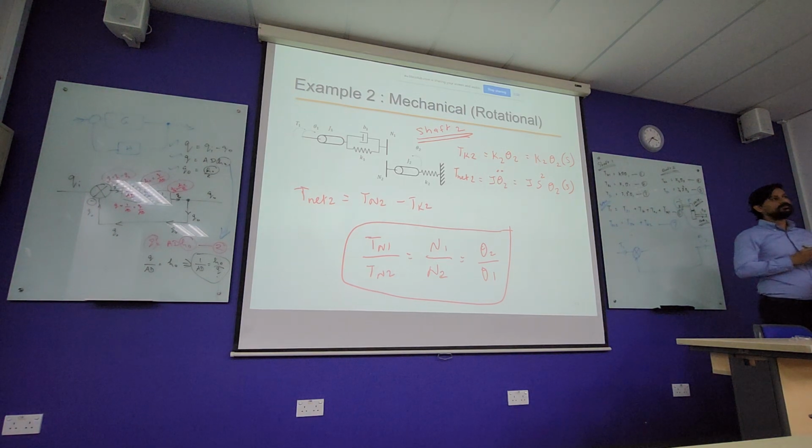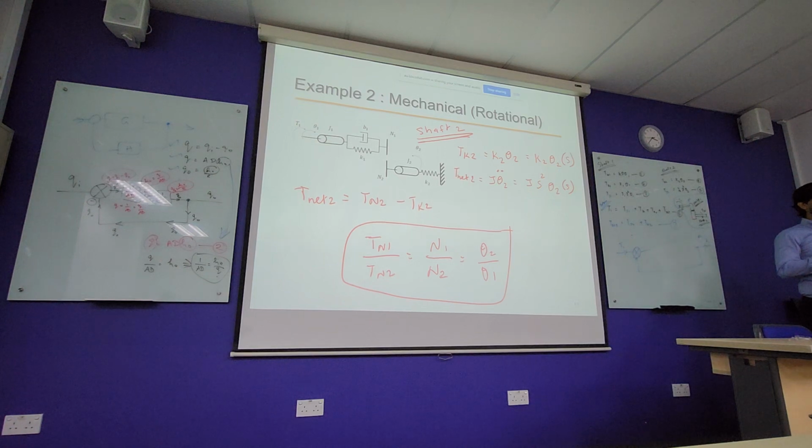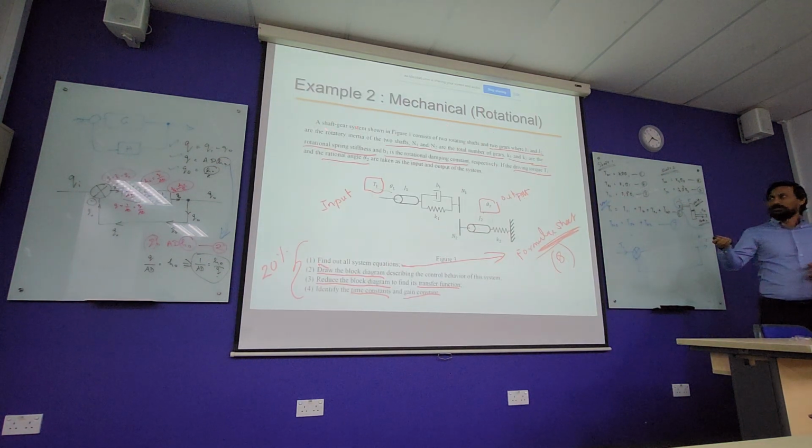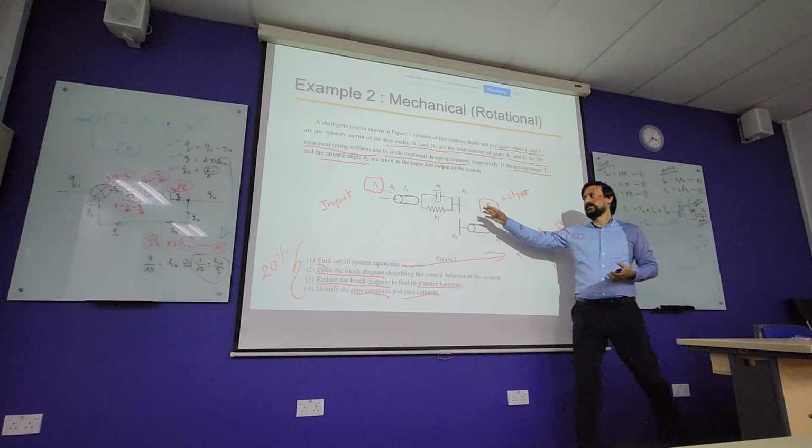So how do you relate shaft 1 to shaft 2? How do you connect them? That is basically in the question, which is a shaft-gear system with 2 rotating shafts. They specify 2 rotating shafts, which is very simple to understand, like 1 and 2.